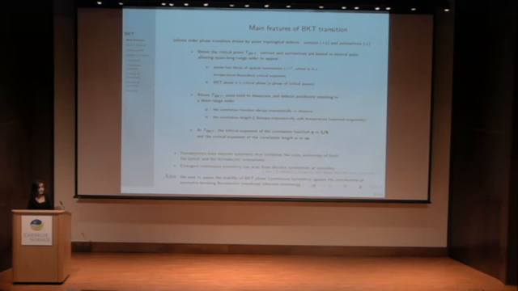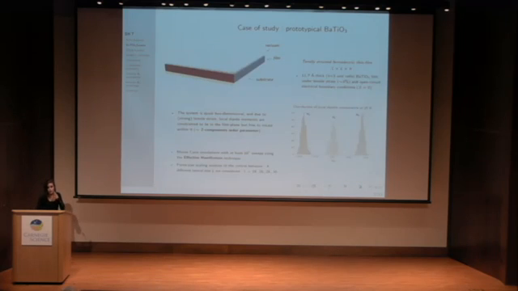So the aim was to assess whether the BKT phase would remain stable against the introduction of anisotropy in ferroelectric thin films. So to remain as close as possible to the settings of the 2-dimensional XY model, the paradigmatical model that captures the BKT transition, we have opted for a thin film, rather very thin, about 12 angstrom thickness, and we have tensilely strained it 3%.